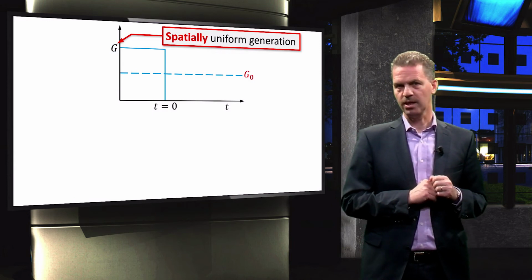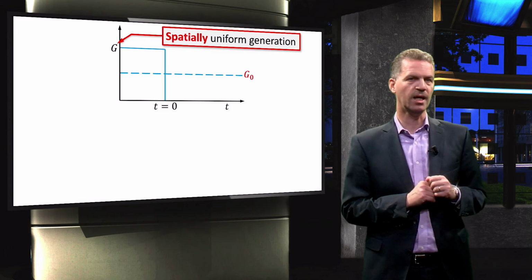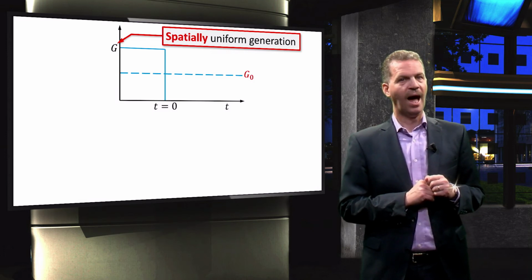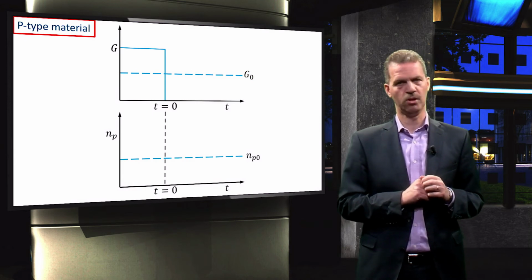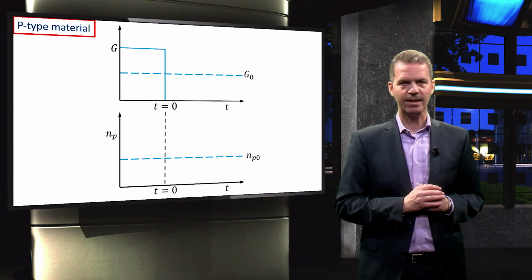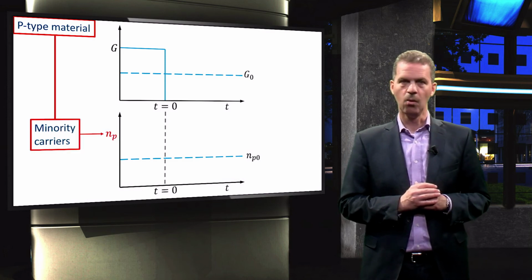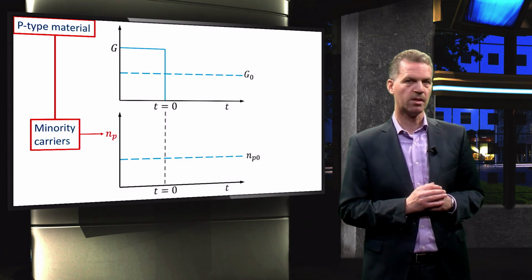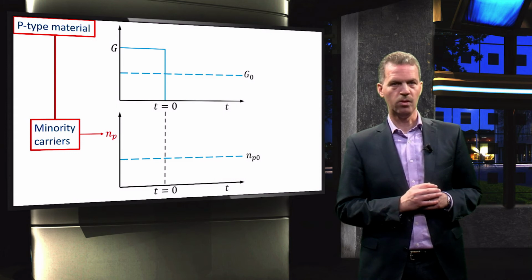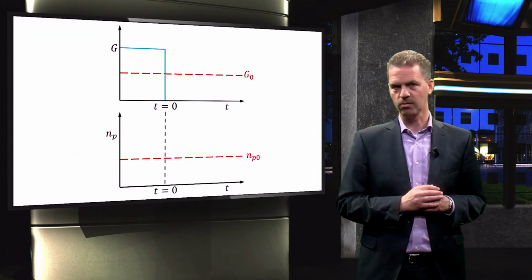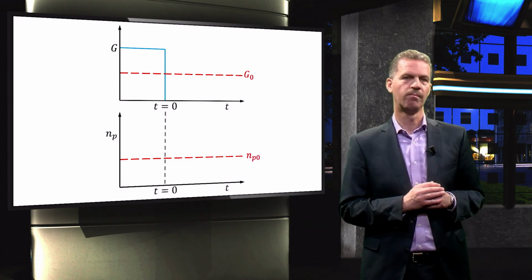We are now particularly interested in the response of the carrier concentration to the change in generation rate, and as an example, we look at the electron concentration in a p-type semiconductor. These electrons are minority carriers in a p-type semiconductor, which is indicated by the subscript P. The electron density at thermal equilibrium resulting from the thermal generation rate is indicated by the dashed line in the bottom figure.